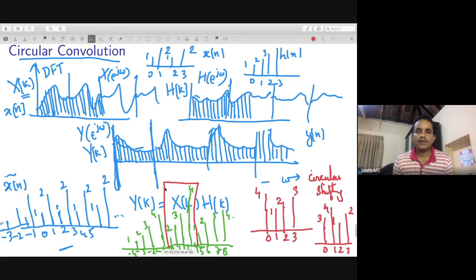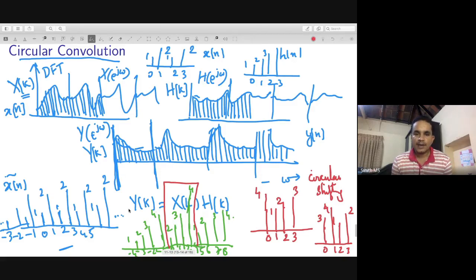Now the time reversal. You normally do shifting and time reversal for finding convolution. So we are concerned about what happens when you take x of k into h of k to get y of k, what happens in time domain. That's what we are going to find.